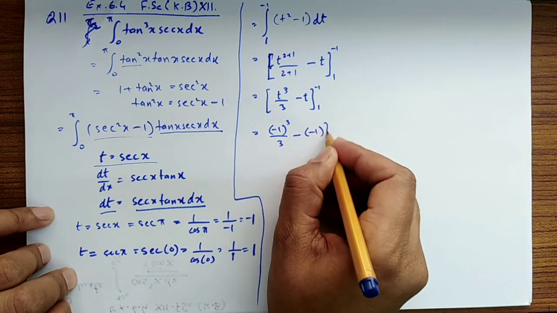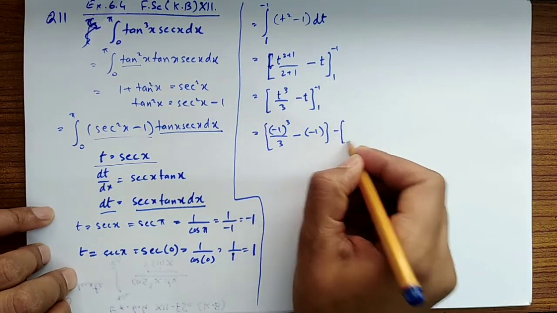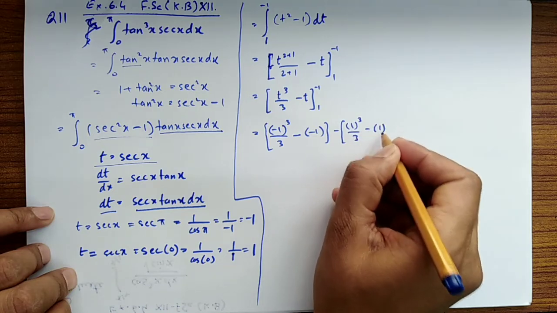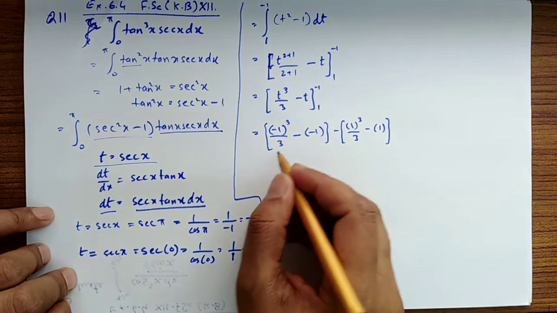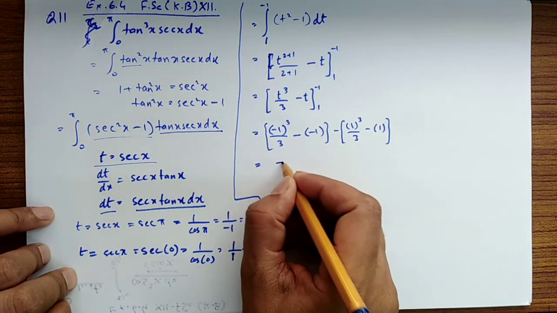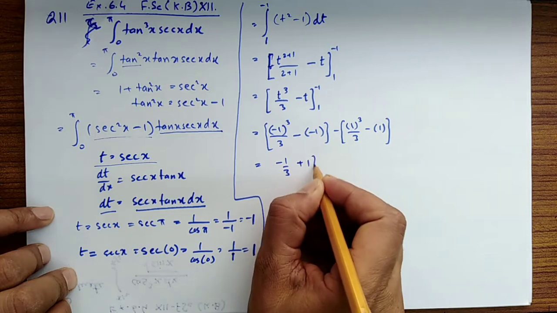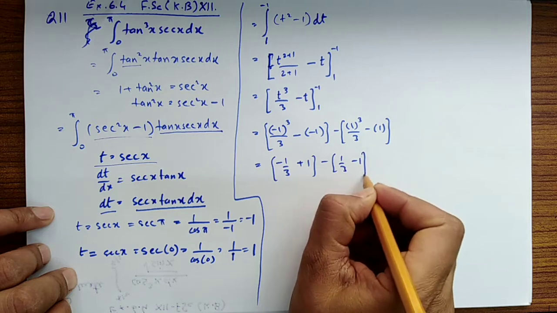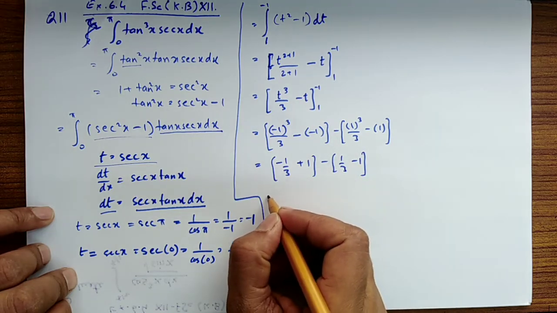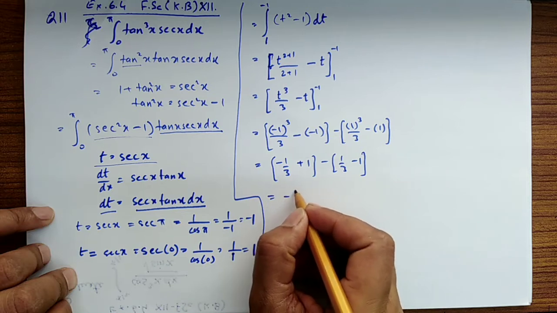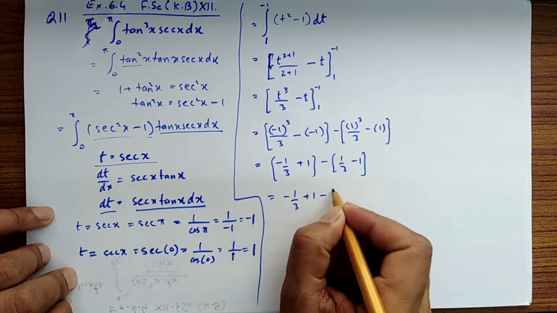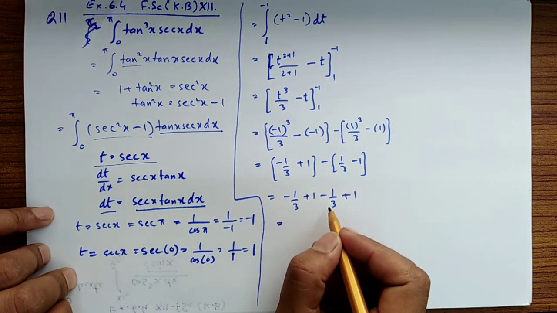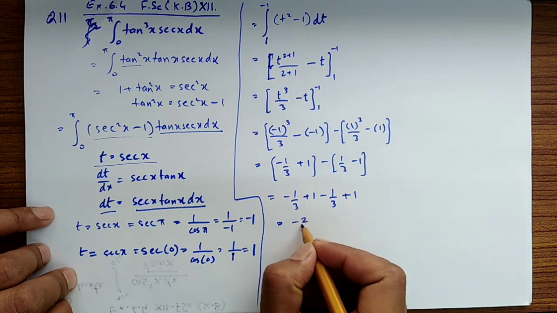Solving this gives us minus 1 upon 3 plus 1, minus 1 upon 3 minus 1, so minus 1 upon 3 plus 1 minus 1 upon 3 plus 1, so minus 1 upon 3 minus 1 upon 3, that gives minus 2 upon 3.